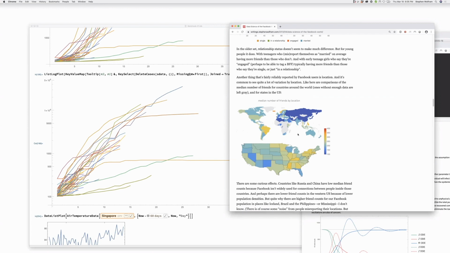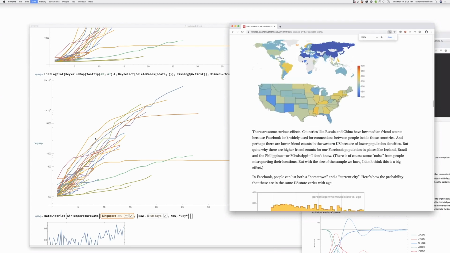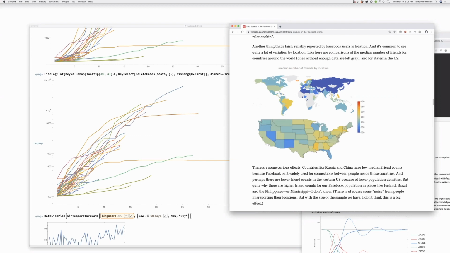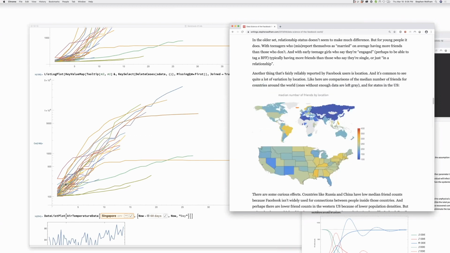Well, so your claim is, with respect to those graphs, there are several possible hypotheses here. Either the typical number of social contacts is just a constant of the species, so to speak, and it's the same in every country, and that's why these curves have the same slope.